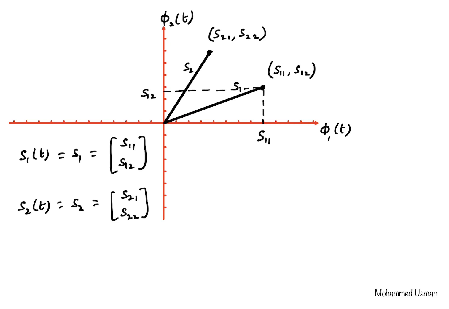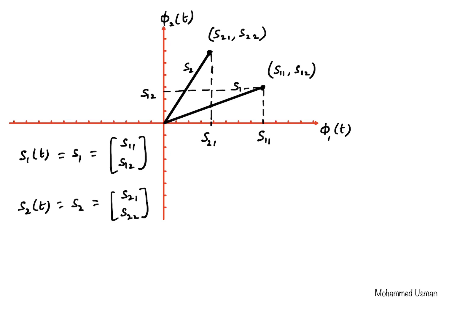So similarly, we can find the projections of S2 of t onto the basis functions phi1 and phi2. So the projection of S2 onto phi1 is going to be this line over here. So from here, if we project this vertically downwards, it comes here onto the x-axis, which is the axis of phi1 of t. So that's projecting S2 onto phi1.